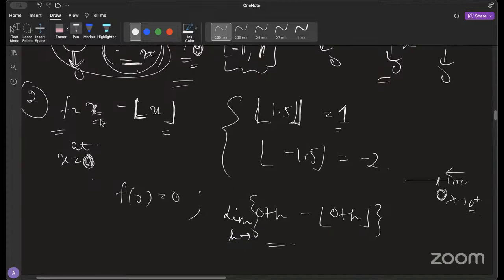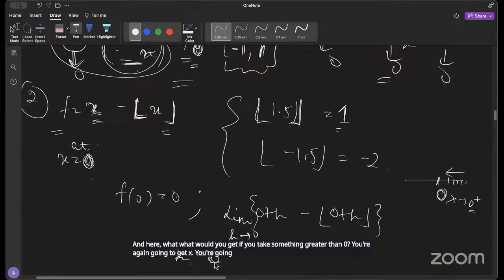So if you take something greater than 0, you're going to get the same number here, let's call that number h. You'll get h here. And here, what would you get if you take something greater than 0? You're again going to get h. And you're going to get 0 this time, right? Is this clear to everyone?